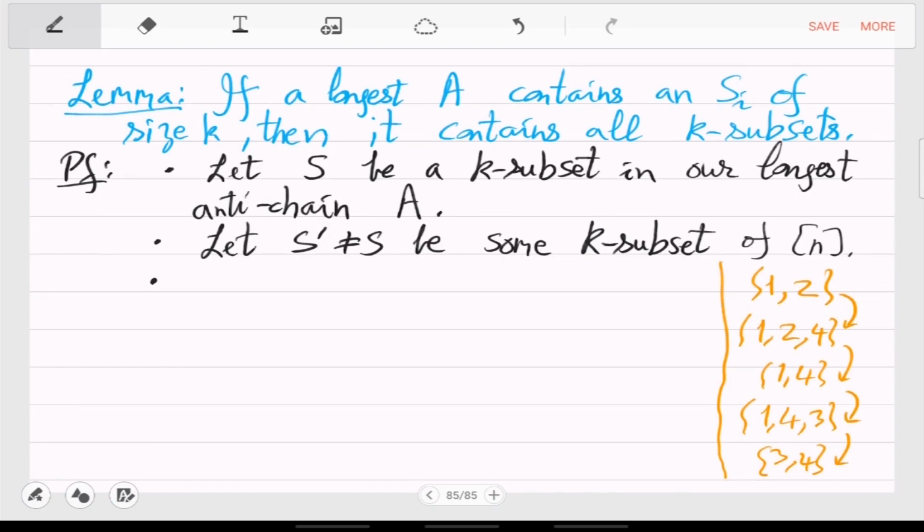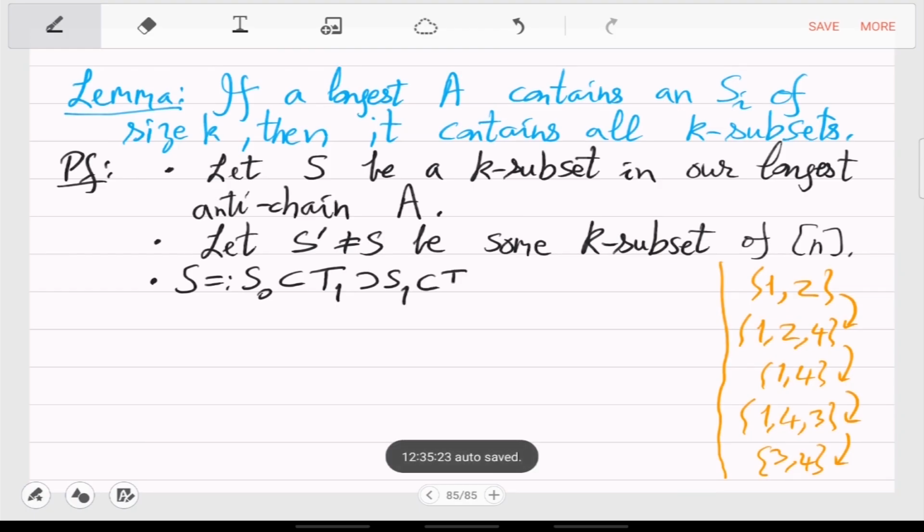So from S, we call it S0, we go to T1 which is bigger, then we shrink it back, call it S1, then we go to bigger T2, shrink it back, and so on. Let's say we reach TL, and then we shrink it back to SL, that will be S prime.